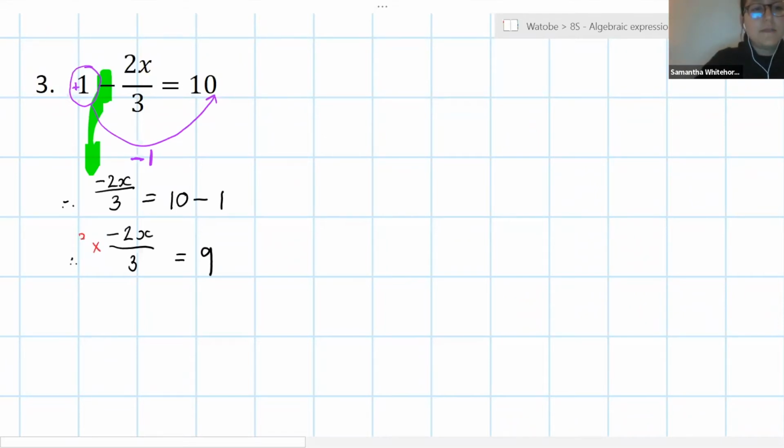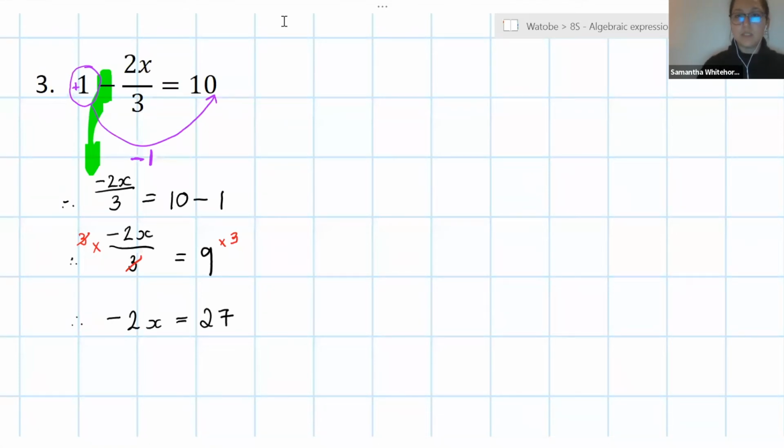I need to times both sides by 3. That gets rid of the fraction, which is great. I don't like fractions, so I want to get rid of it. Leaving me with minus 2x is equal to 27. Is everyone happy that 9 times 3 is in fact 27? If you disagree with me, you're welcome to say so.